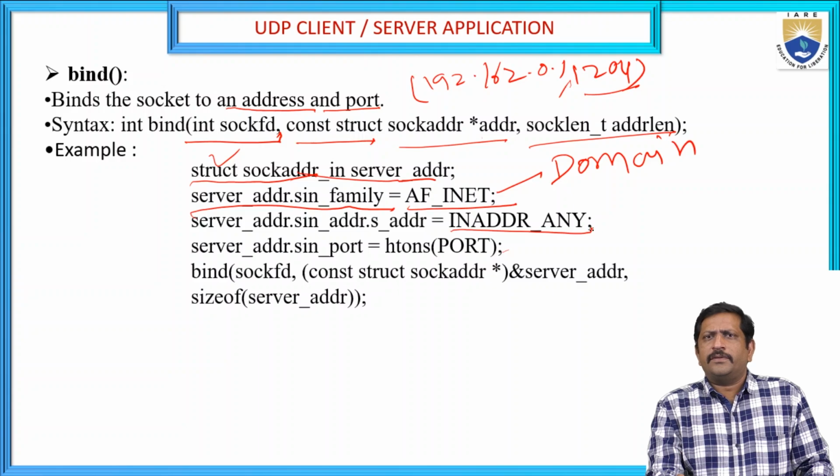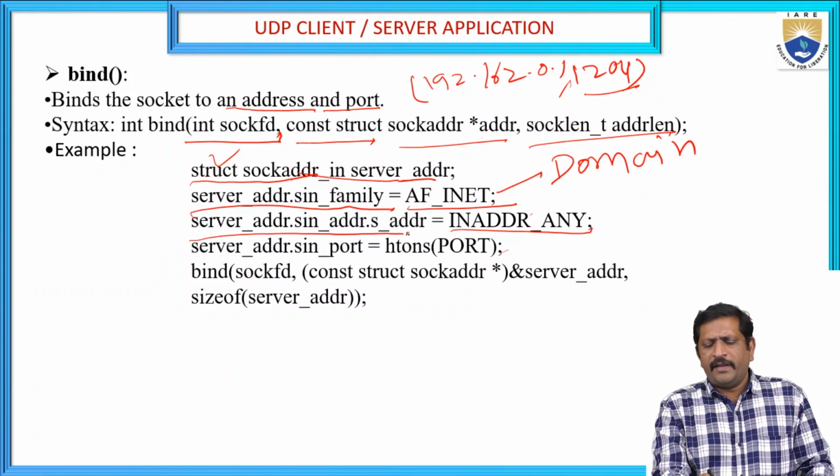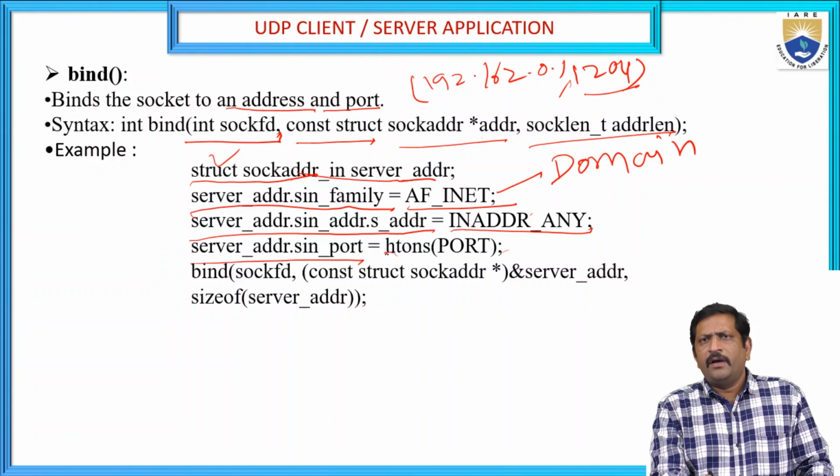INADDR will be assigned to the server_address.sin_addr, and server.sin_port is the port number. Here is htons; these are how the port number can be assigned. So the port number is merged with the address family.